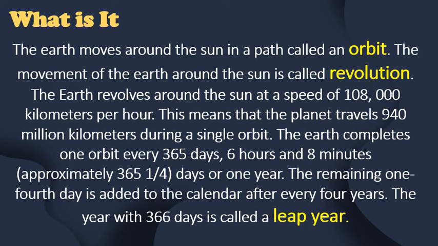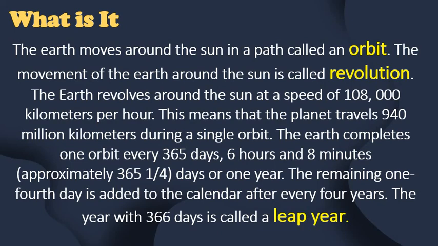The Earth moves around the sun in a path called an orbit. The movement of the Earth around the sun is called revolution. The Earth revolves around the sun at a speed of 108,000 kilometers per hour. This means that the planet travels 940 million kilometers during a single orbit.